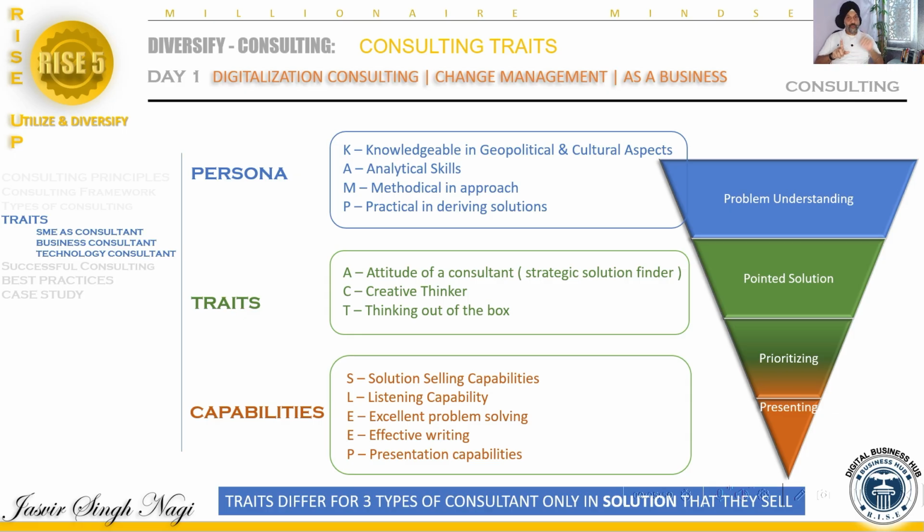And if it's not you, you might take help from external consultants or the ecosystem you created around you to find that solution and then present it accordingly. Hence it's important to understand which trait one falls into and which hat should be worn at the right time to give the right kind of solution. Make sense? All right, with that, let's jump to the next one.